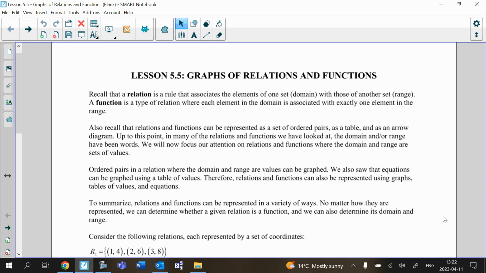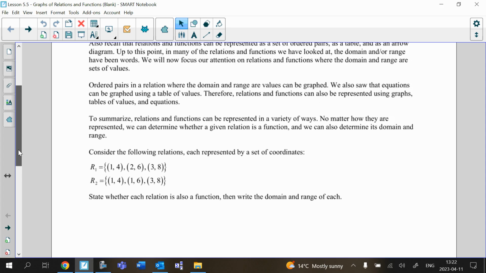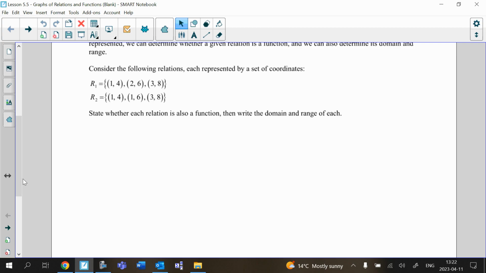So this is really just review, the first couple questions. So here we have a couple relations, R1 and R2, that are represented by a set of coordinates. So for each one, we want to write whether it's a function or not, and then the domain and range. So R1. Is it a function?